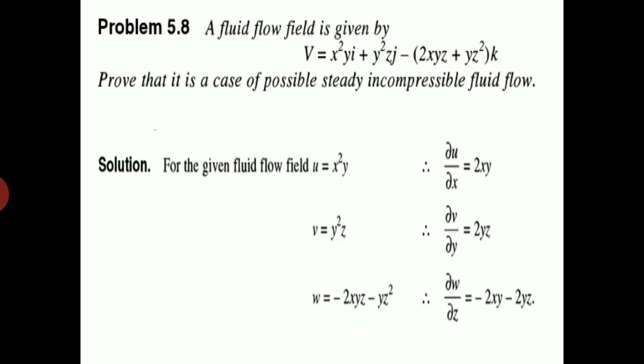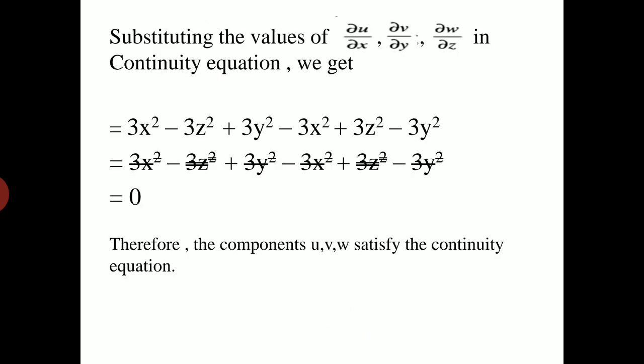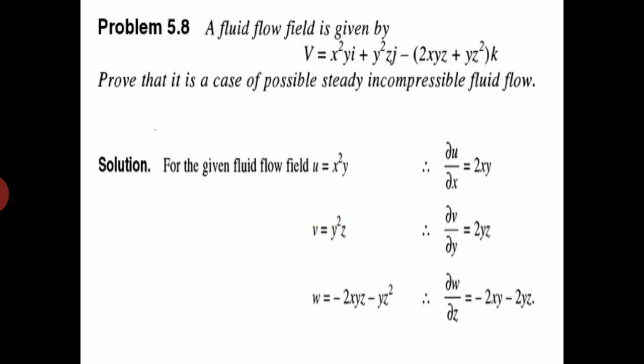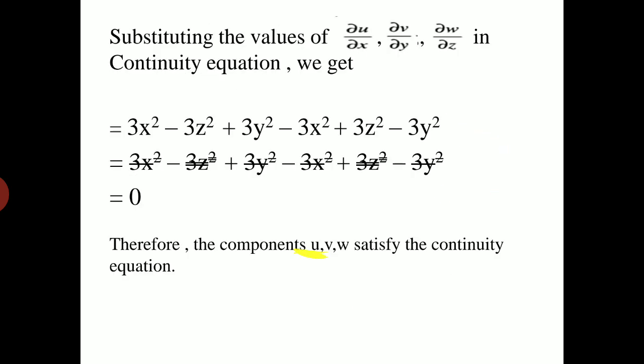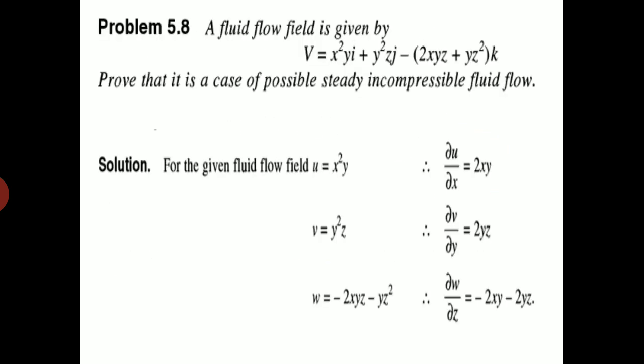So differentiating u with respect to x, we get 2xy. Differentiating v with respect to y, we get 2yz. Differentiating w with respect to z, we will be getting minus 2xy minus 2yz.